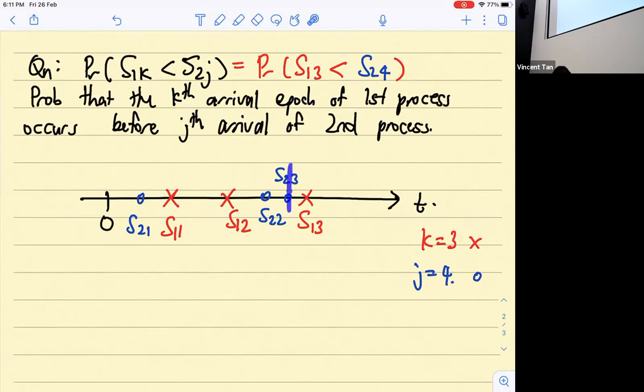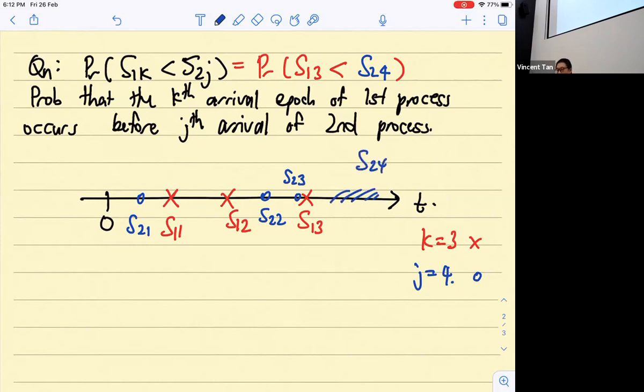All right, so my third circle is here. I could have pushed it up to here. Okay, but it could be really close here. So this could be my S23. As long as it occurs before the S13, then my S24 will be somewhere here, over on this side.